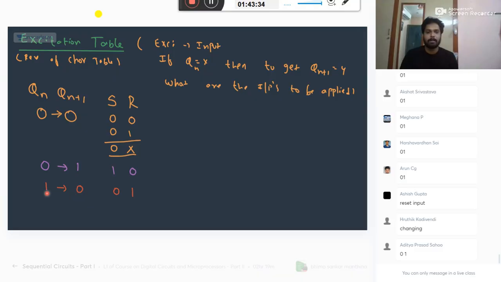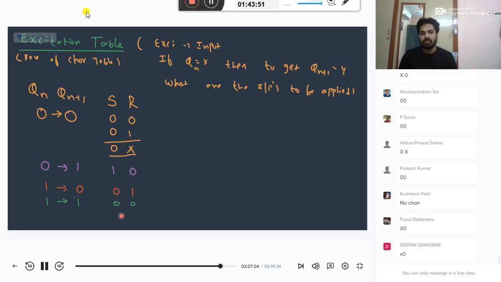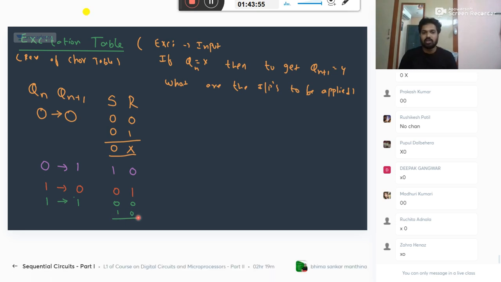Last case. Presently 1, next also 1. Now you observe it is a no change condition. It is not changing. And also whenever you want 1, you can achieve it by giving 1, 0 also. So two possibilities are there here.